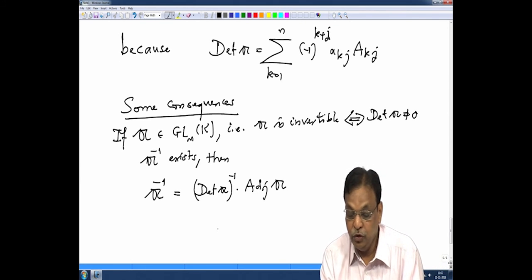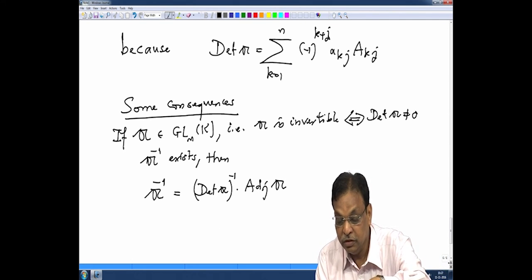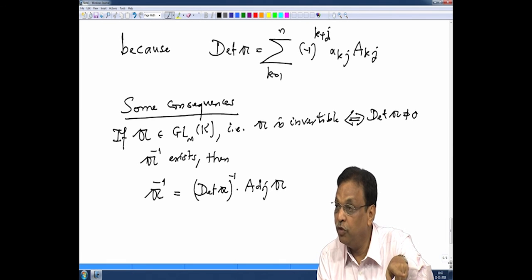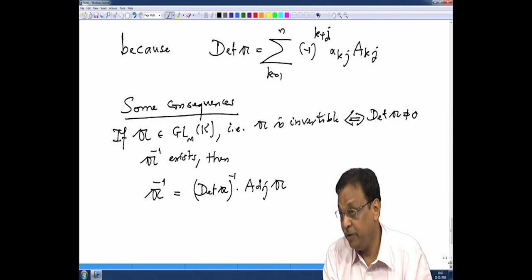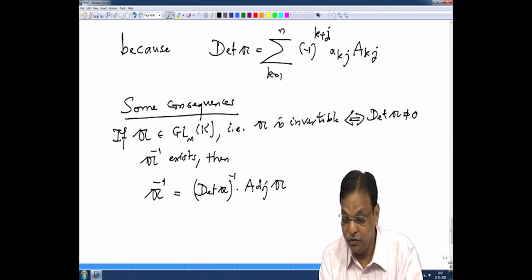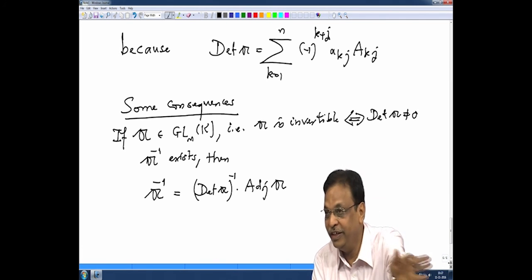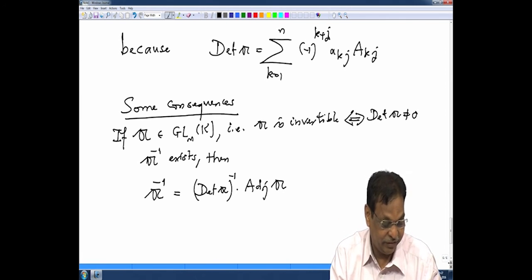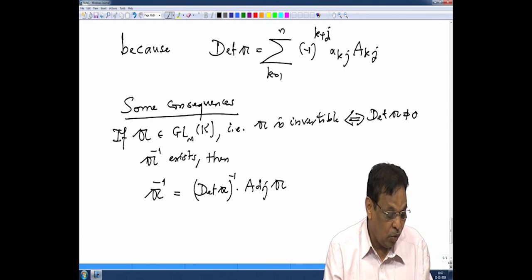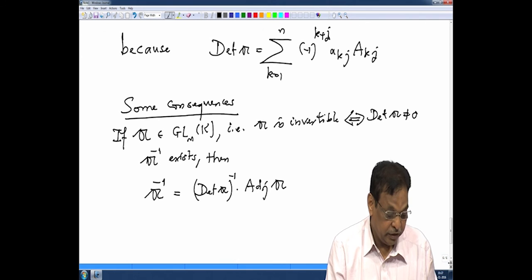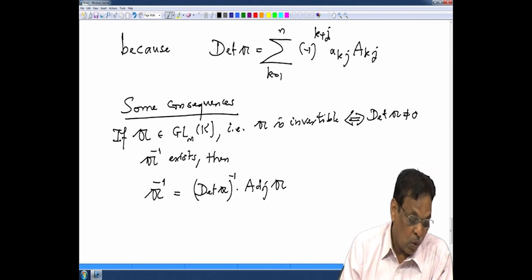Because when you substitute this in the adjoint determinant formula, you get the identity matrix. So, therefore, this is the inverse, and its uniqueness and so on follows. This is how one usually computes the inverse.